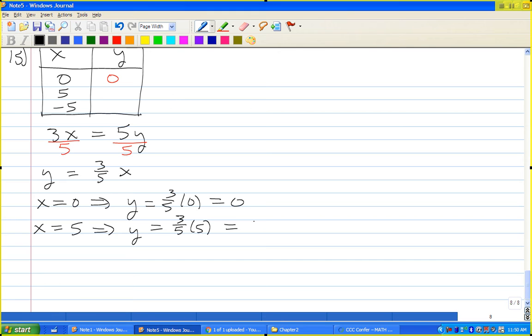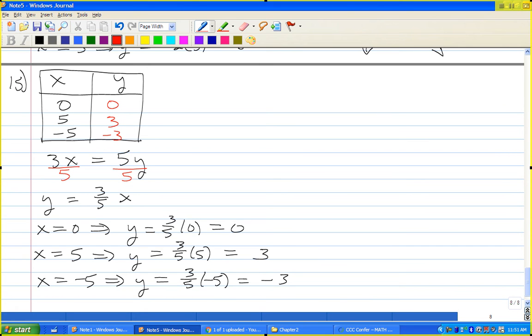So y is 3. Determine y when x is negative 5. Positive times negative is negative. The 5's cancel. So y is negative 3. Okay, so let's sketch a graph of this.